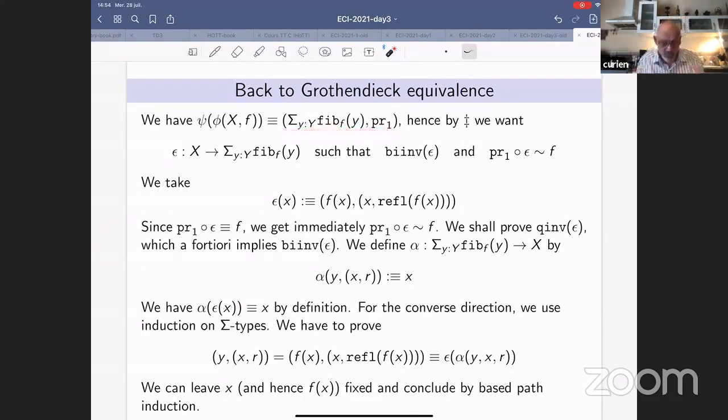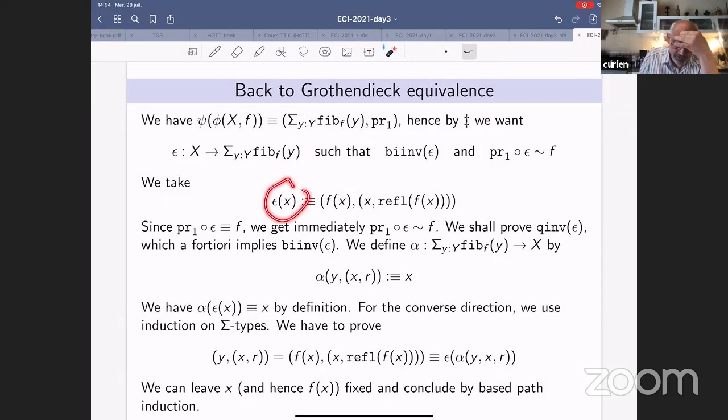According to what we just showed, what do we need? We need a function from this type to this type, this function epsilon. We need a proof that it is bi-invertible, and we need a proof that PR1 composed with epsilon is F. The function is easy to define.